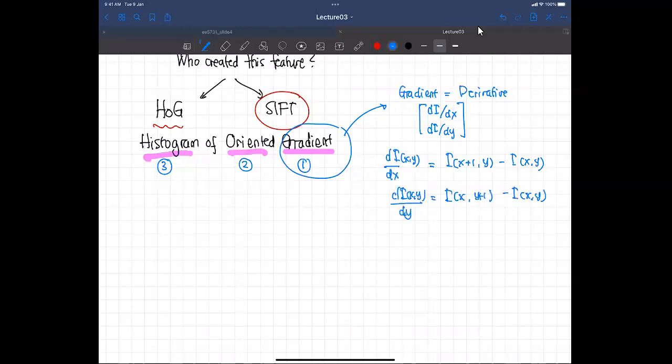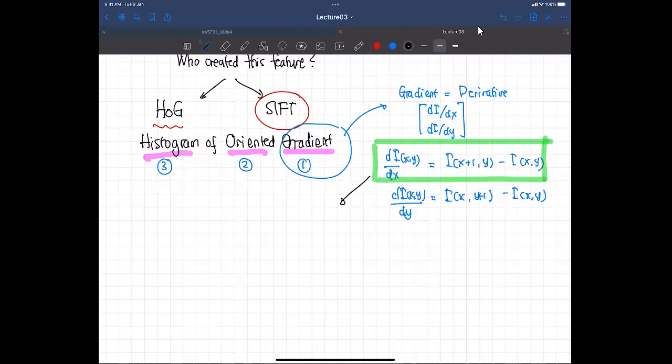Okay, so if you look at this definition, for example the definition in the x direction, of course you can do this in your programming, in your code, easily.